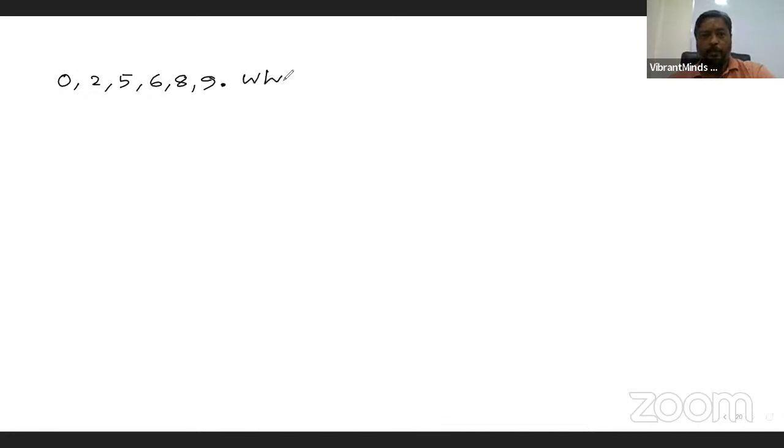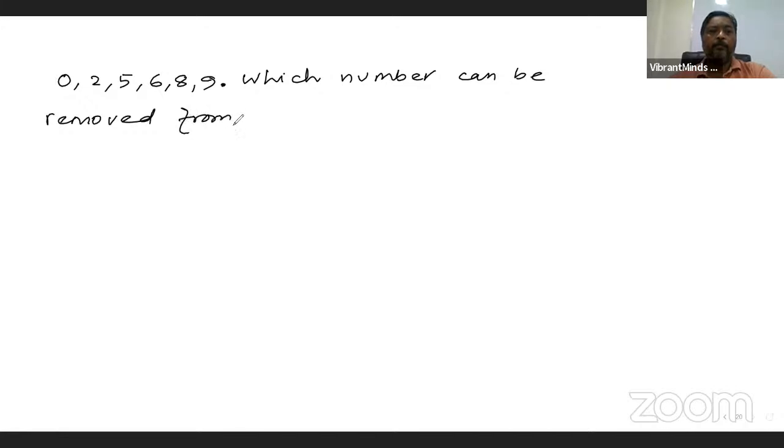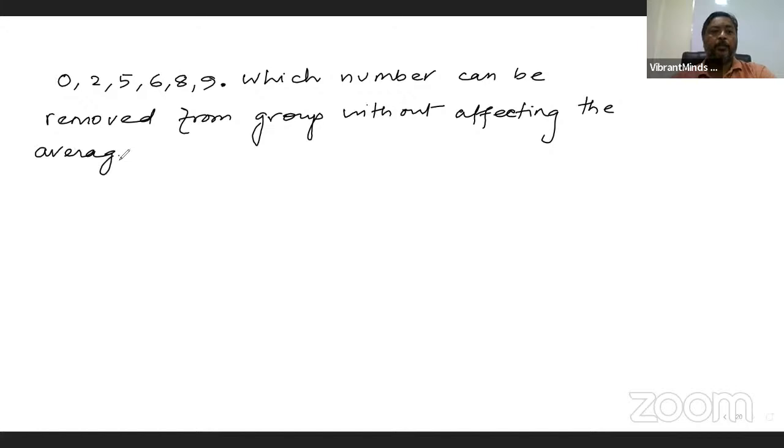Now the question says, which number can be removed from the group without affecting the average?